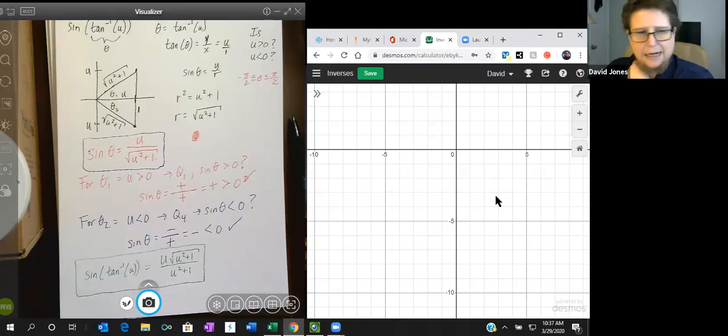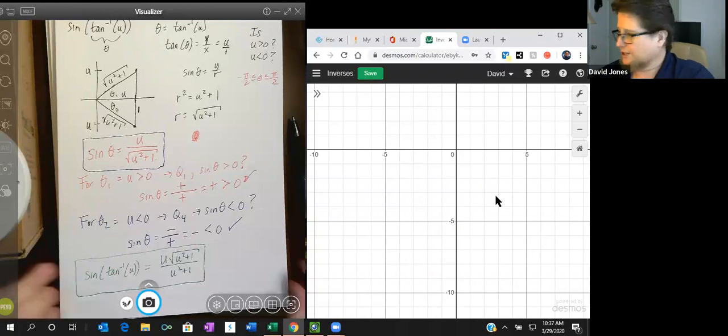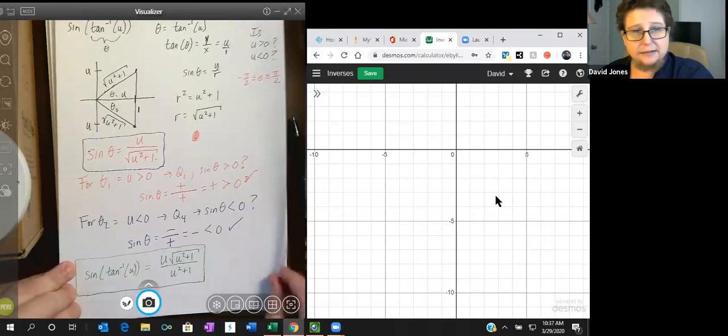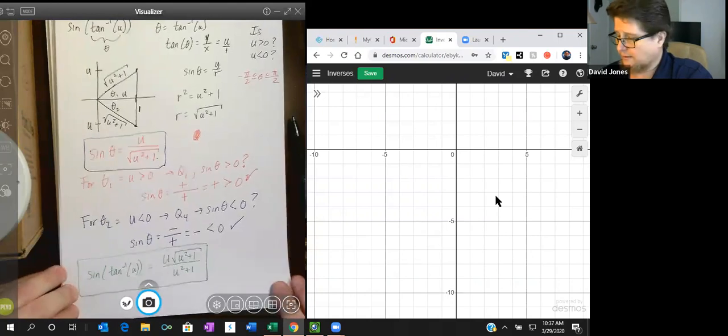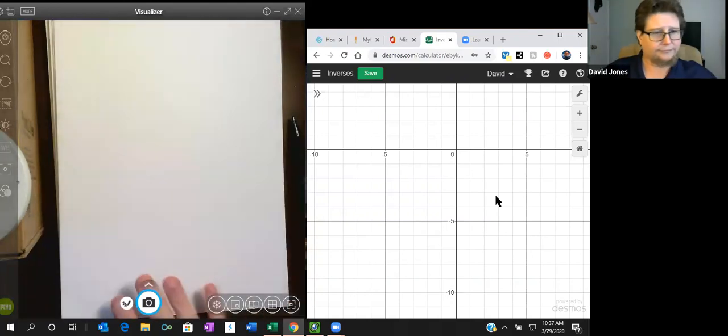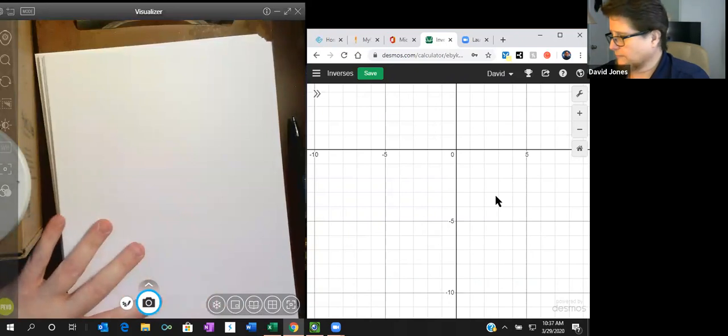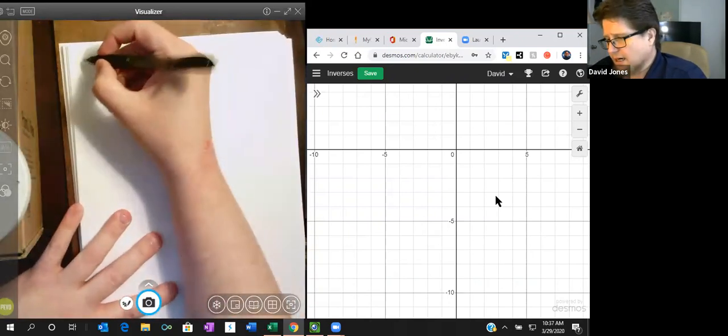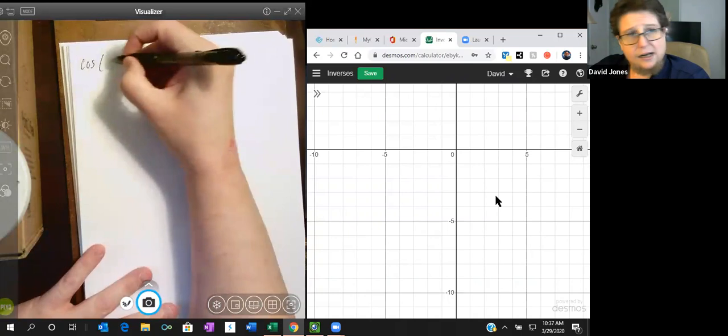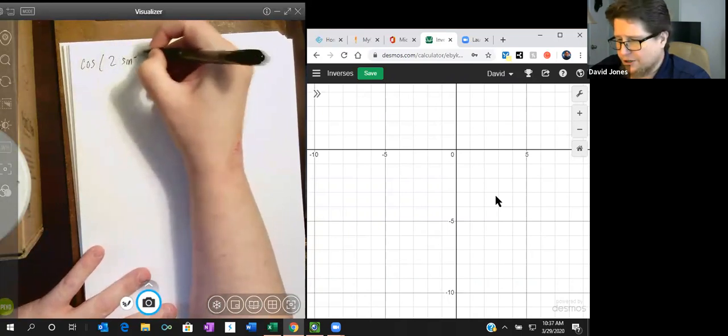Ready for more? Got one more problem. We're almost done with the section. This has been a long section. I've got cosine of 2 sine inverse u.